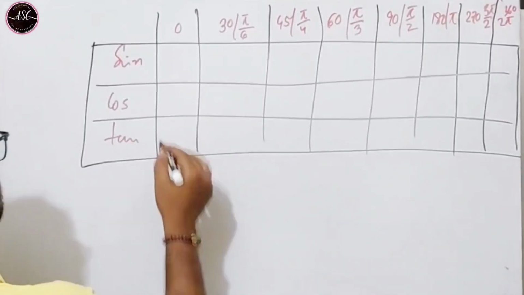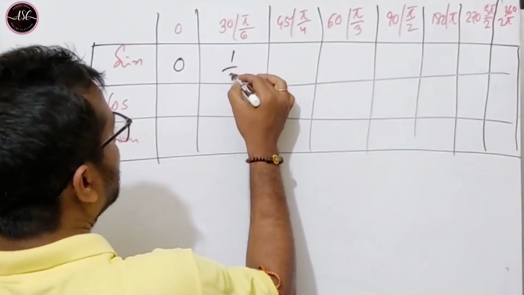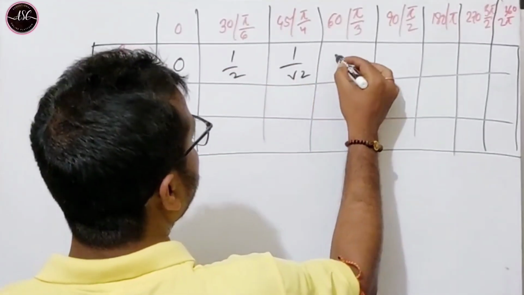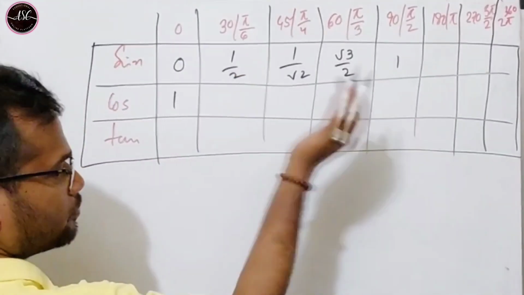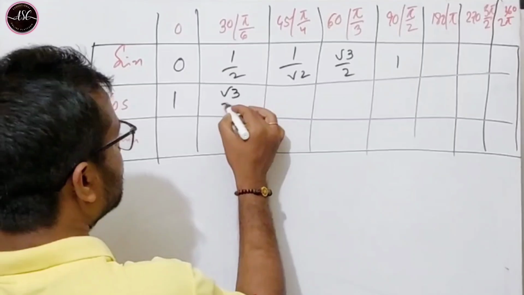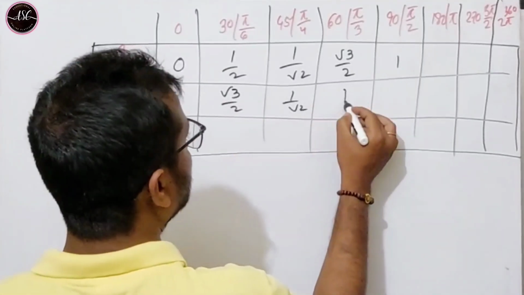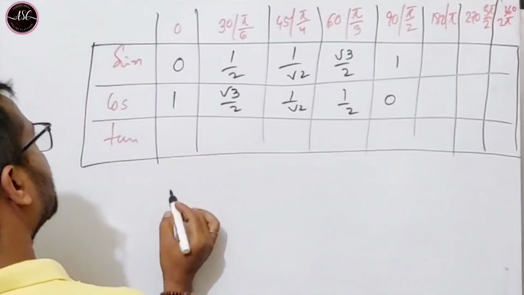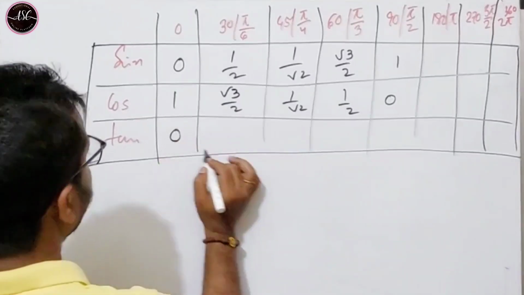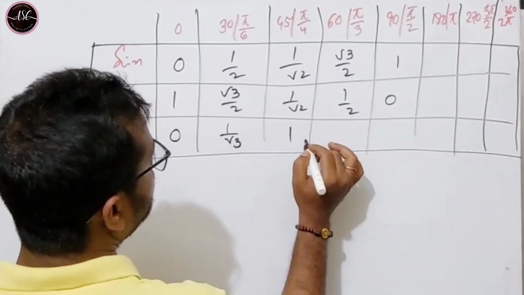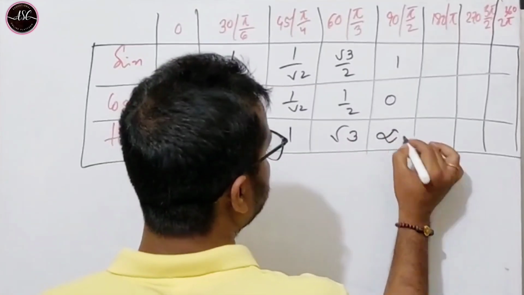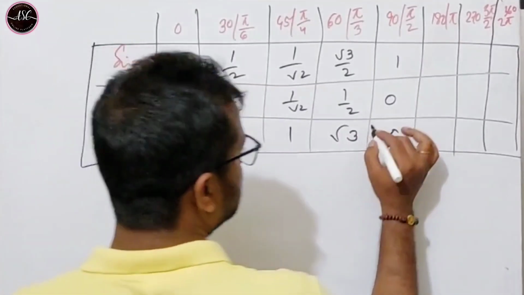For sin the values are 0, half, 1 by root 2, root 3 by 2 and 1. The values of cos will be reversed from the left: root 3 by 2, 1 by root 2, half, 0. And the values of tan will be 0, 1 by root 3, 1, root 3 and infinity, that means not defined.